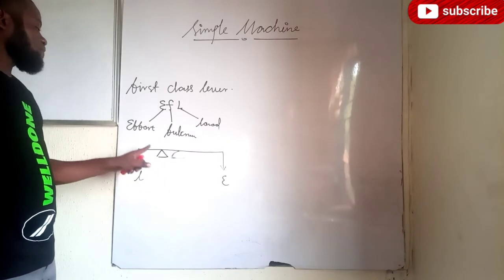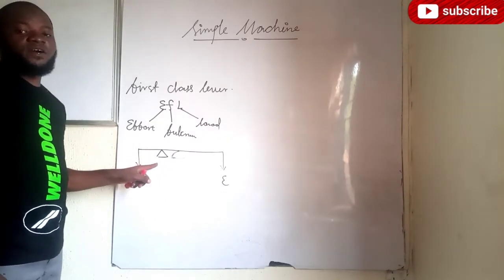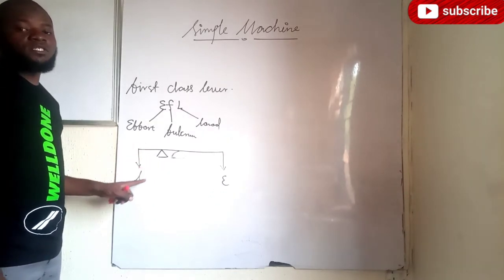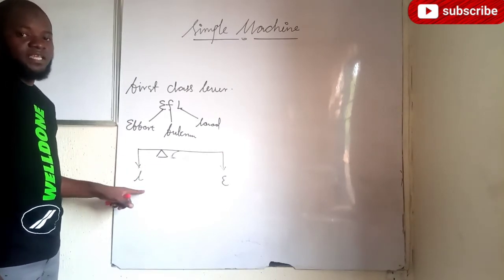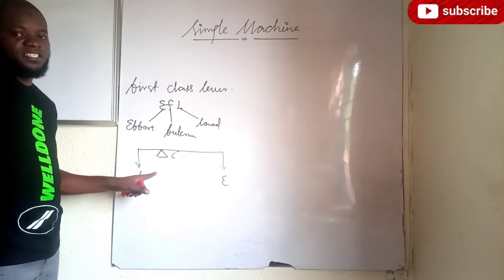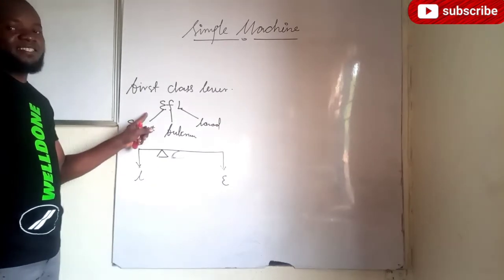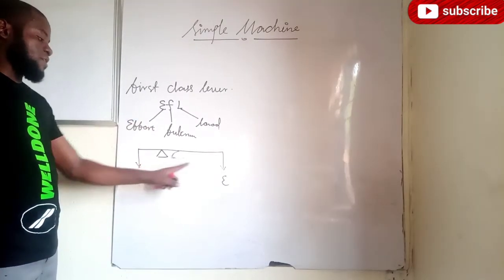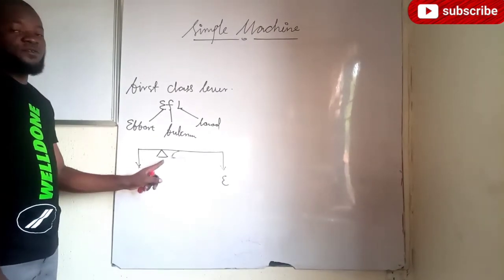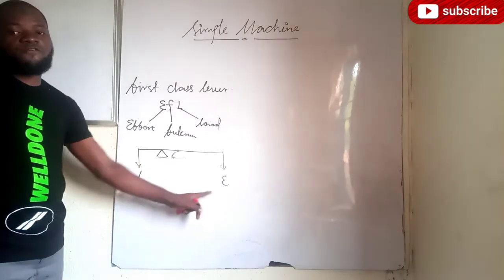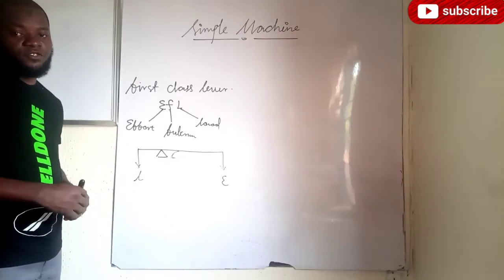The main reason why we use level is because whenever load is closer to the fulcrum, the best machine to use is level. Do you understand that now? So for the first class level, we have the fulcrum in between load and effort, and load is closer to the fulcrum, while load and effort are in opposite direction to each other.